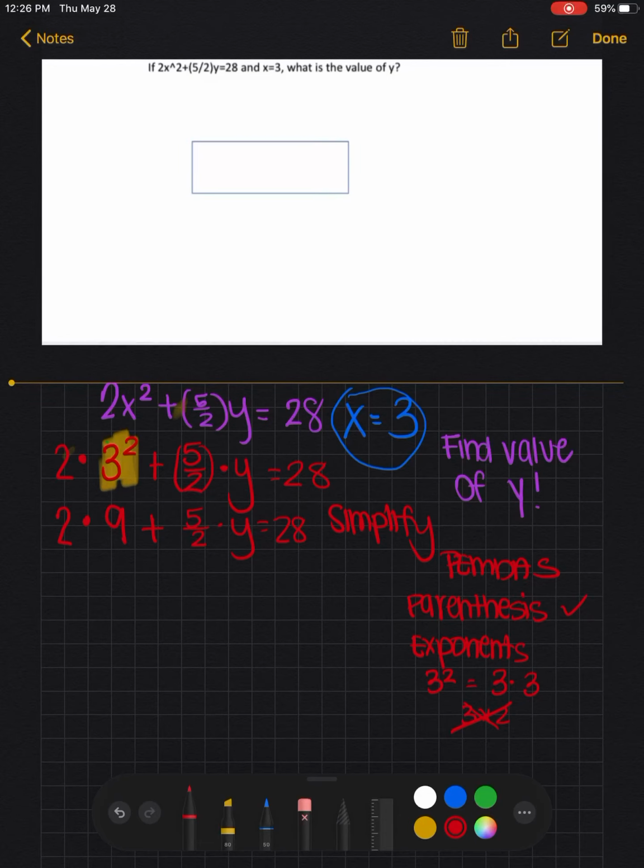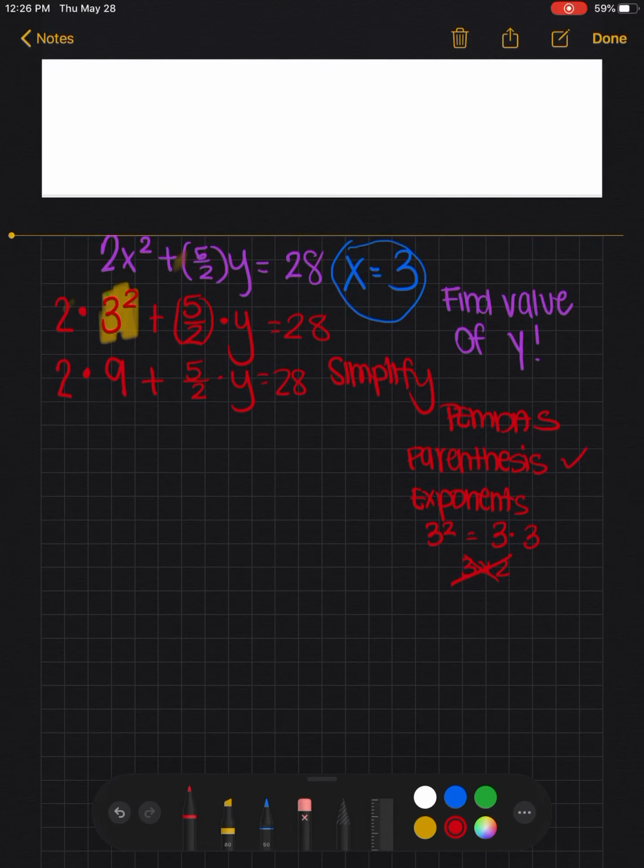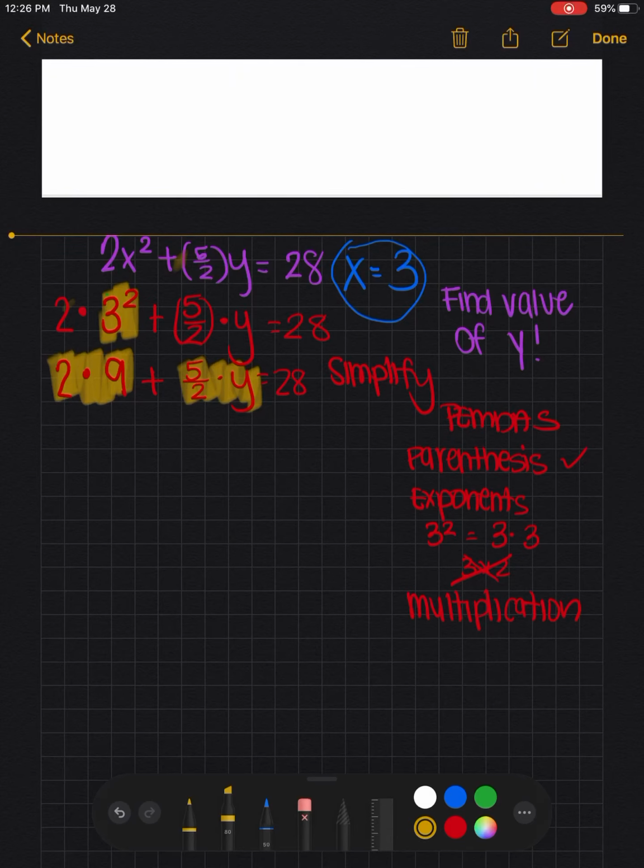The next thing I'll look at is whether there is anything that needs to be multiplied in the expression as I simplify it. We have a 2 times 9 that can be simplified, and we have a 5 over 2 times y.